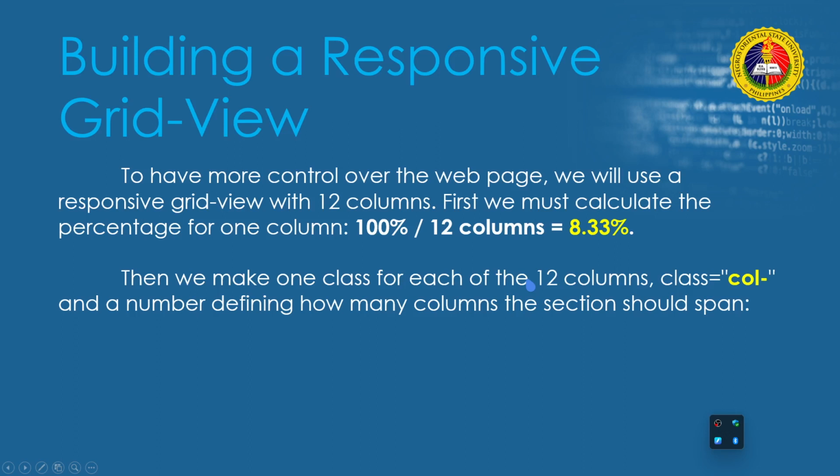For the second column, let's call it col-2, and then continue, and keep on changing the name of the class. So that's 3, that's 4, that's 5, that's 6, that's 7, that's 8, that's 9.